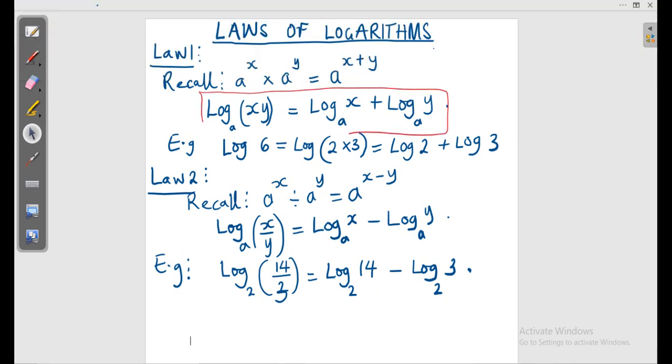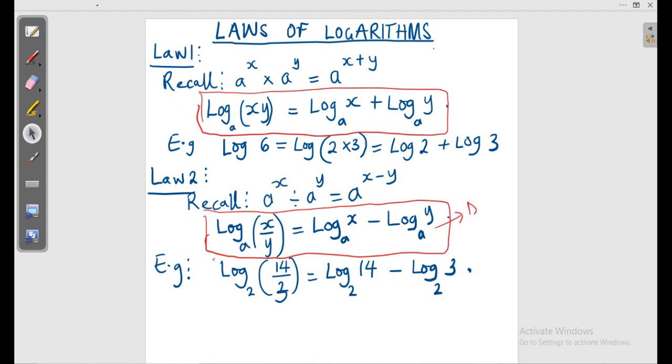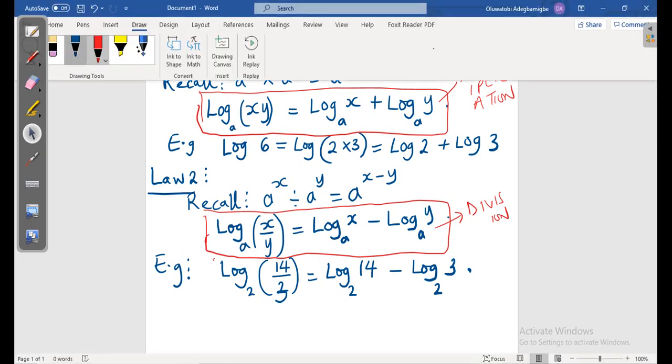The first one and the second one. So this is called the division law. This is called the multiplication law. Good. Can we also look at another fantastic theorem?